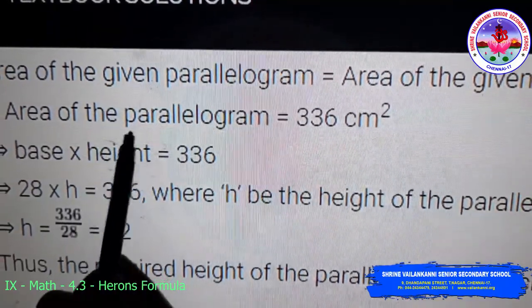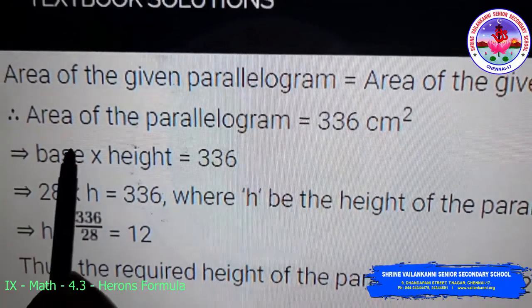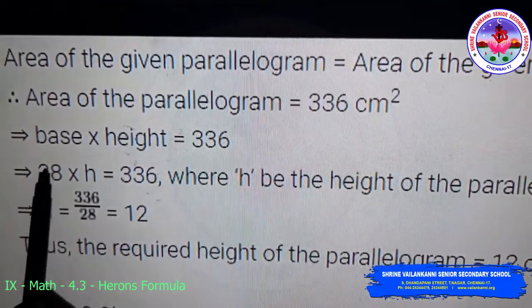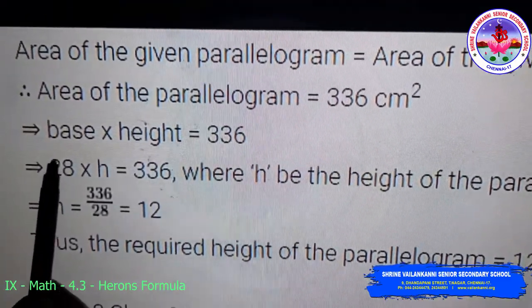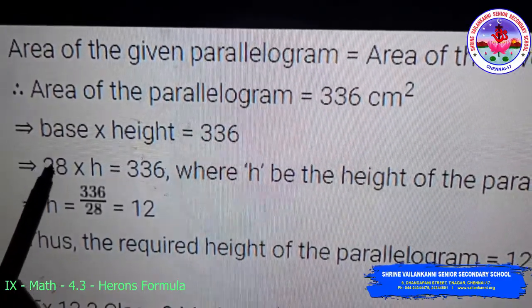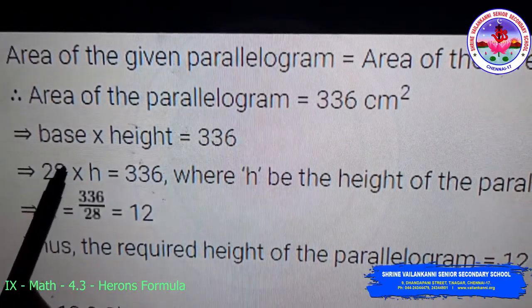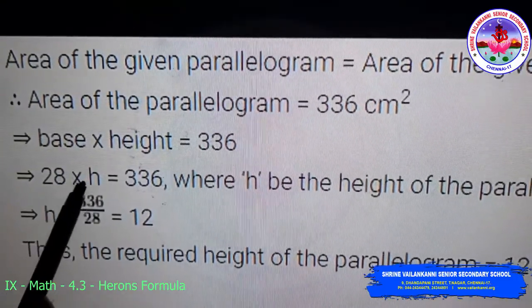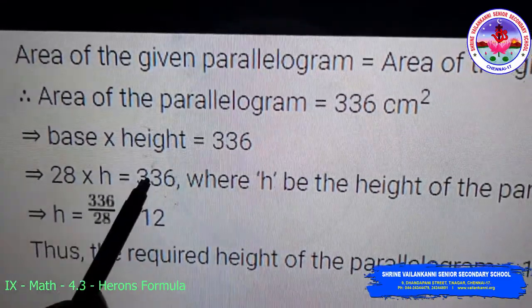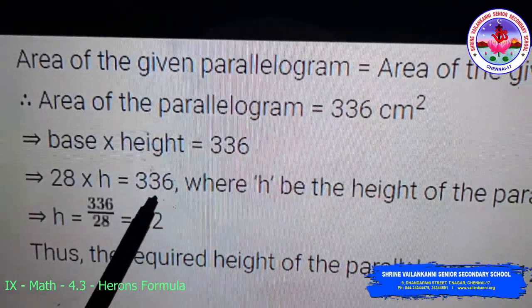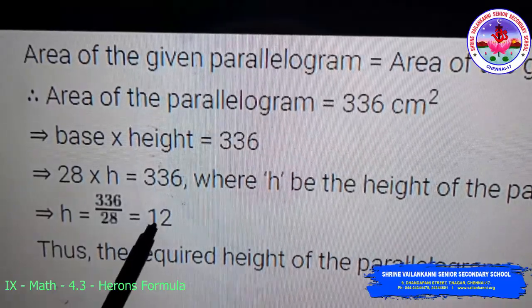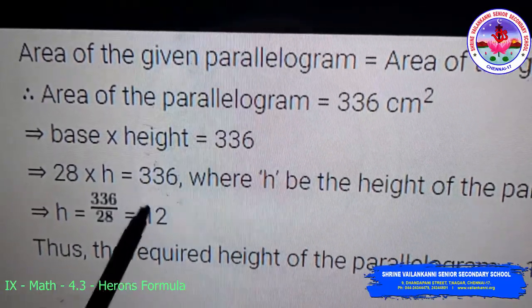Substituting the base here, the base of the parallelogram is 28, since the parallelogram and the triangle are on the same base of 28 centimeter. 28 into height is equal to 336. So height is equal to 336 divided by 28, we will get 12. So we got the height of the parallelogram as 12 centimeter.